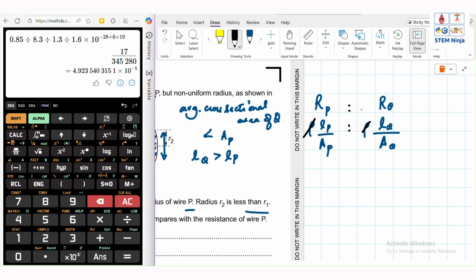Let's say, for example, we are trying to find out the ratio. Now, AQ is less than AP, right? So this would mean that 1 over AQ is greater than 1 over AP.